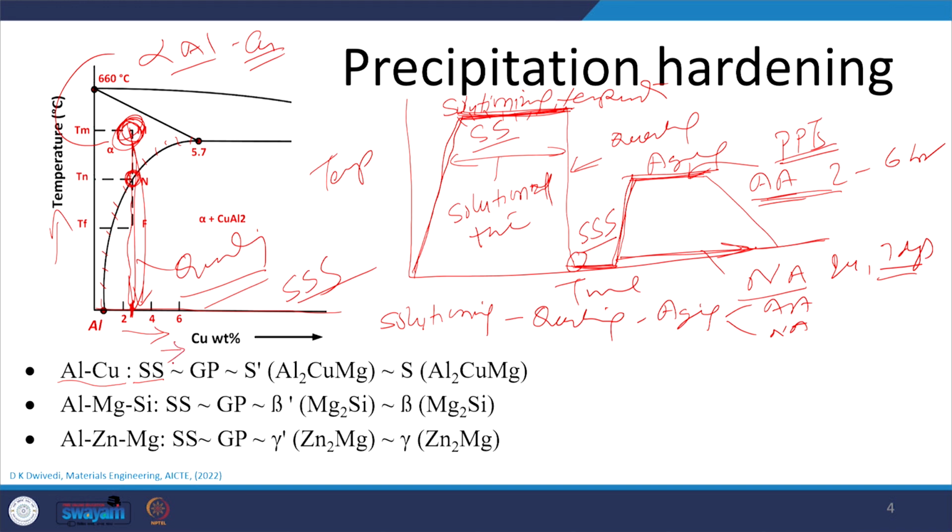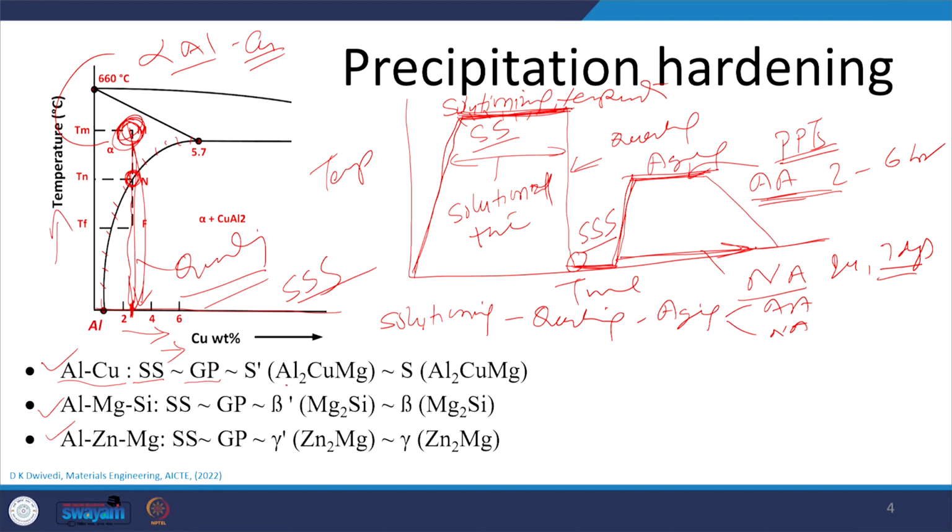During the aging, these three different alloys will form three different types of precipitates. The aluminum copper alloy, after quenching, during the aging will result in GP zone formation.